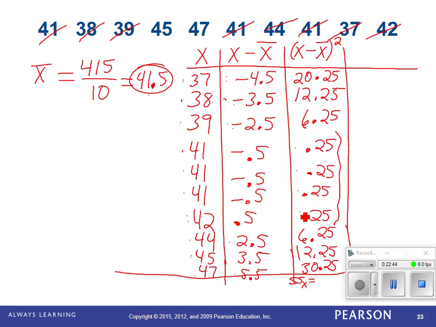Make it as easy on yourself as you possibly can. All those total up to be 88.5. That's your sum of squares.